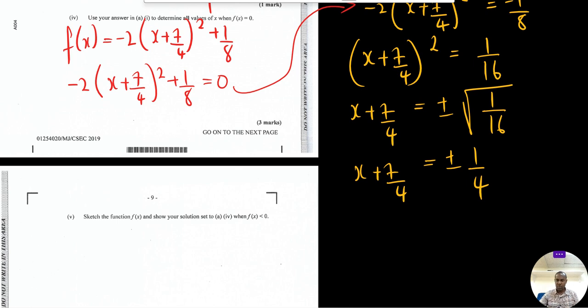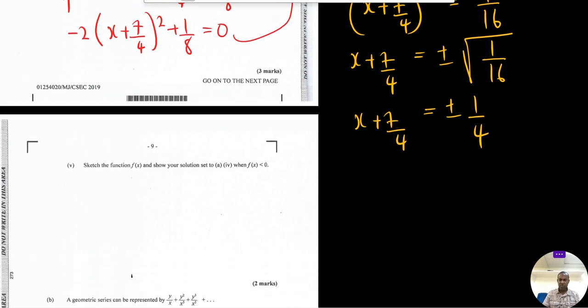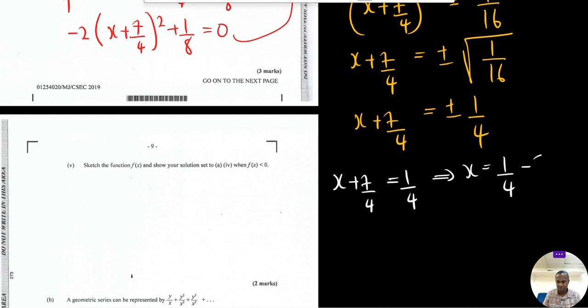And let's solve for the values of x. So when the square root is plus 1 over 4, we say x plus 7 over 4 equals 1 over 4, which means that x is equal to 1 over 4 minus 7 over 4. X equals minus 6 over 4, which is equal to minus 3 over 2.